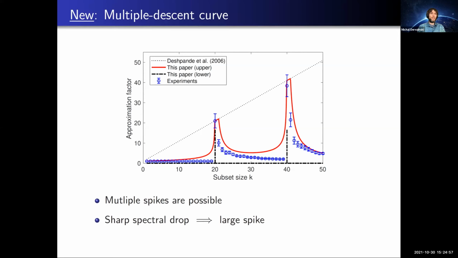As we can see, the approximation factor exhibits occasional sharp spikes, but it is otherwise very small. Actually, our new lower bound shows that more than one spike can occur for one data matrix. And we also showed that the spikes are correlated with certain very natural characteristics of the data matrix, as I will explain shortly.